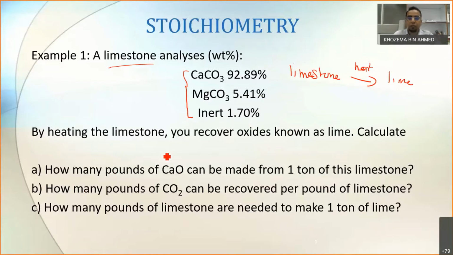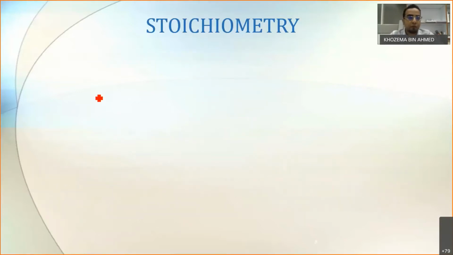Okay, so in the notes which I gave you last week, the example is already solved, but today I would like to solve the example together with you, with some differences from the way it was solved in the notes. First of all, in any material balance problem, we have to choose our basis.